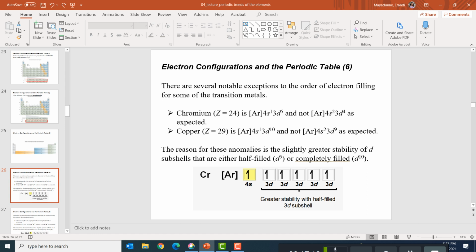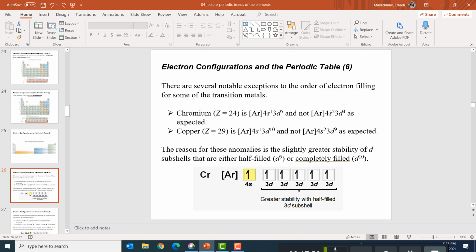For example, chromium. There are some exceptions. With chromium, you would normally write argon 4s2, 3d4, but in reality, chromium has 5 d orbitals, right? If you write s2 and d4, this orbital is not filled, not even half filled.